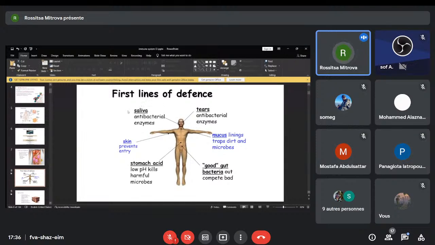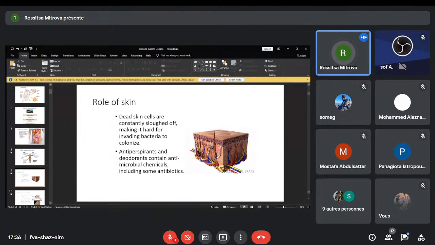This is very important for children because they contain antibacterial enzymes. Also stomach acid, because the low pH kills the harmful microbes, and all the mucous linings that trap dirt and microbes, and of course the so-called good gut bacteria in the intestines.